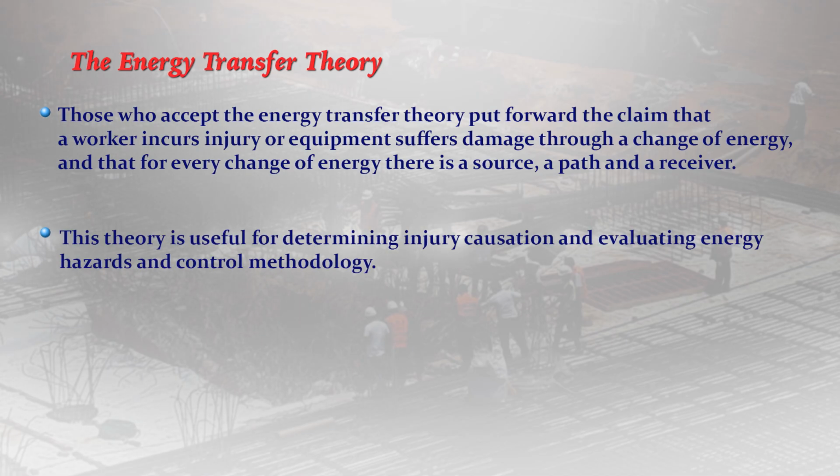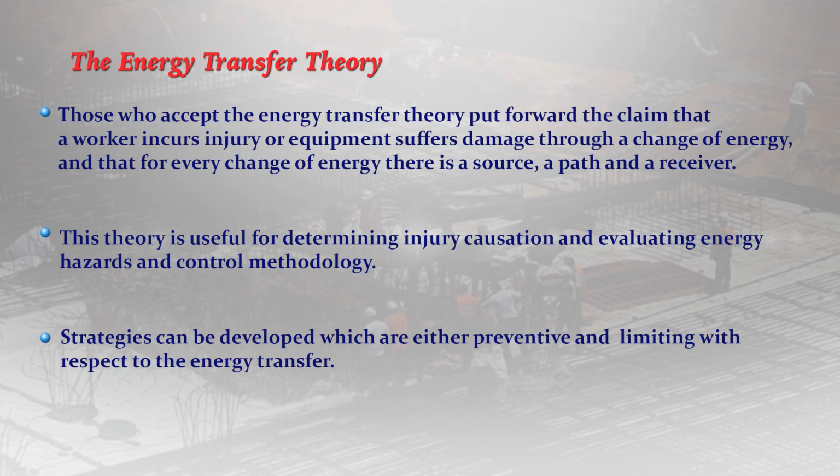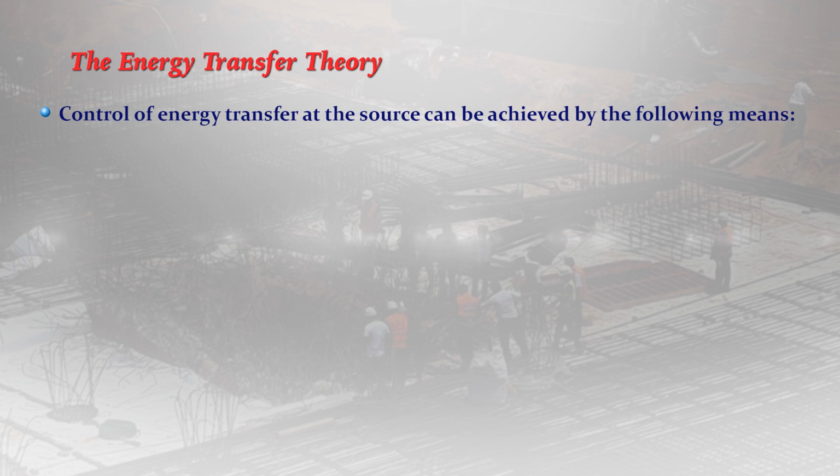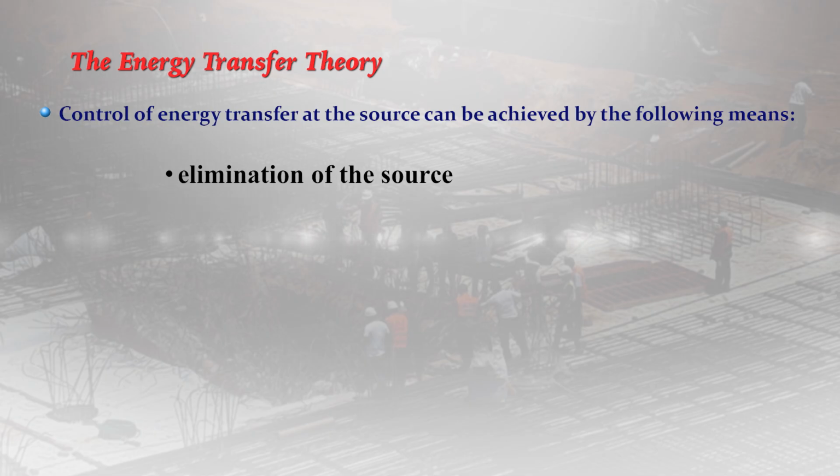This theory is useful for determining injury causation and evaluating energy hazards and control methodology. Strategies can be developed which are either preventive or limiting with respect to the energy transfer. Control of energy transfer at the source can be achieved by the following means. First, elimination of the source, means you eliminate the source of the energy.